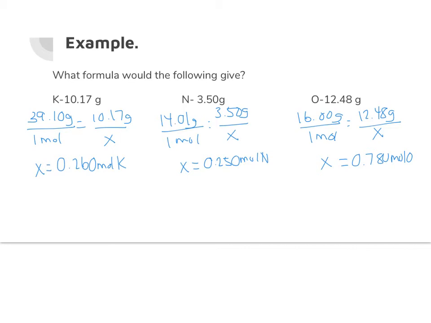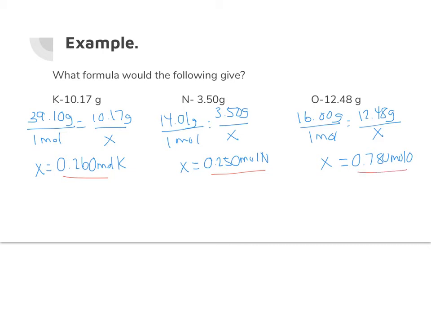So step 1 was to always determine the moles of each of the elements that we have. Now we're going to find the ratio by comparing the number of moles. If I look at the moles, I have 0.26 moles of potassium, 0.25 moles of nitrogen, and 0.78 moles of oxygen.